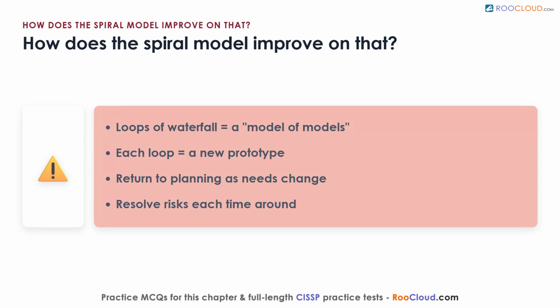This solves waterfall's big limitation, because you can return to the planning stages whenever changing technology or customer needs demand it. Where waterfall aims for one large finished delivery, spiral iterates through steadily more complete prototypes with tighter quality control. Think of it as sculpting through repeated rough drafts, each one closer to the final form.